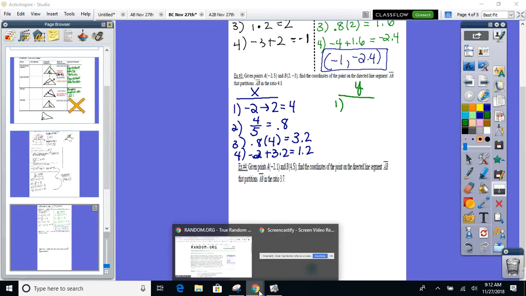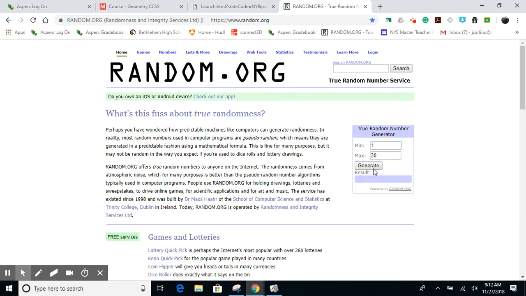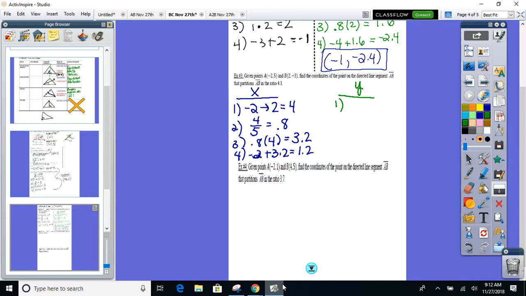All right, let's see who's going to help me out here on the y's. Number 23. What y coordinate do I start and end with? 5 to -3. That's a total distance of what? 8 units.